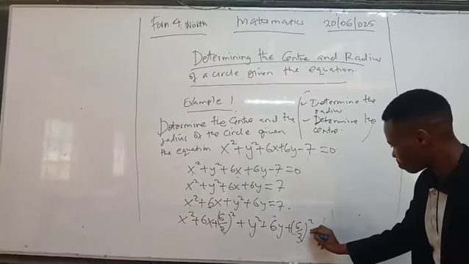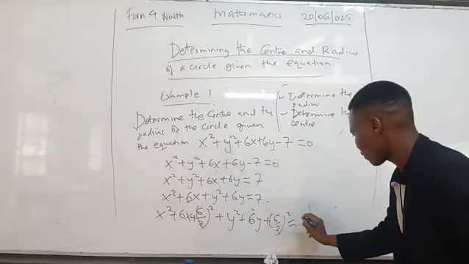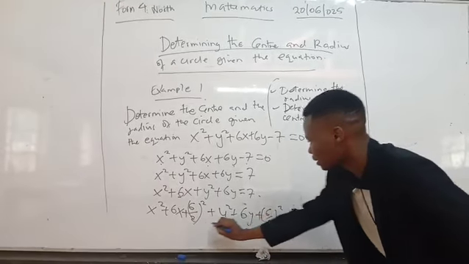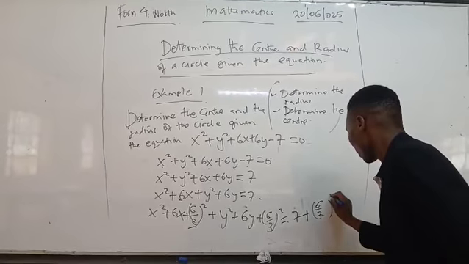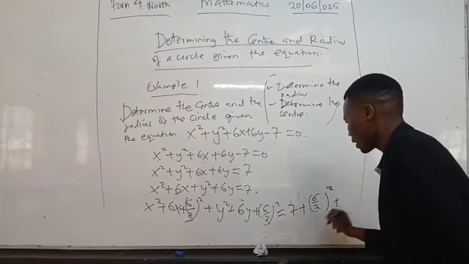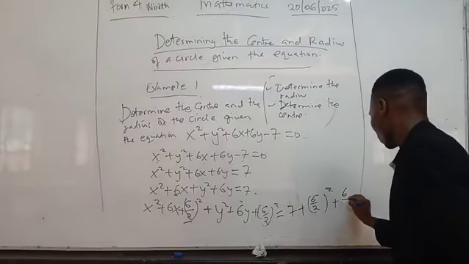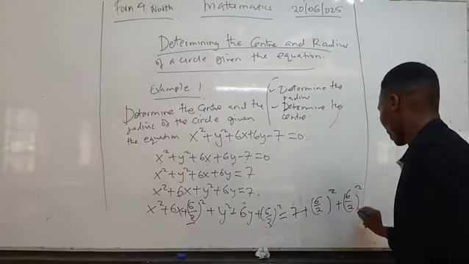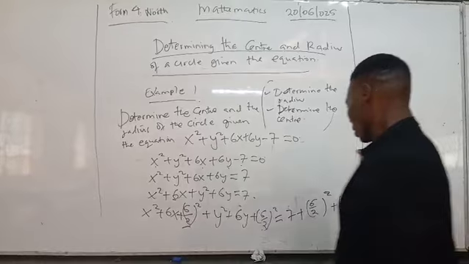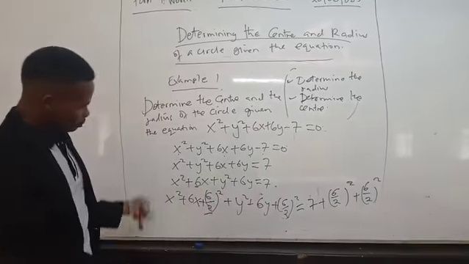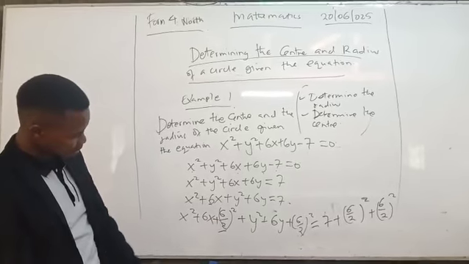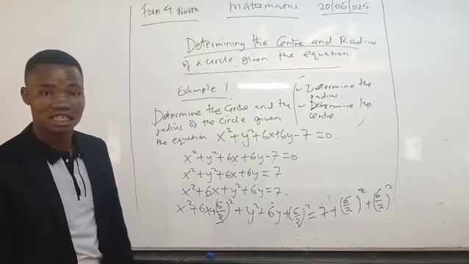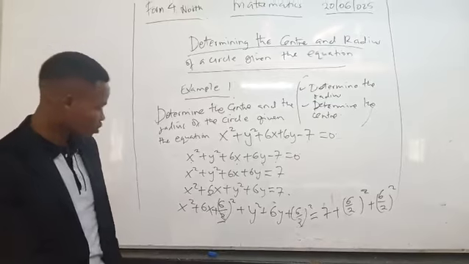Then this is equal to 7 plus 6 over 2 squared plus 6 over 2 squared. We make it a bit easier and simpler.